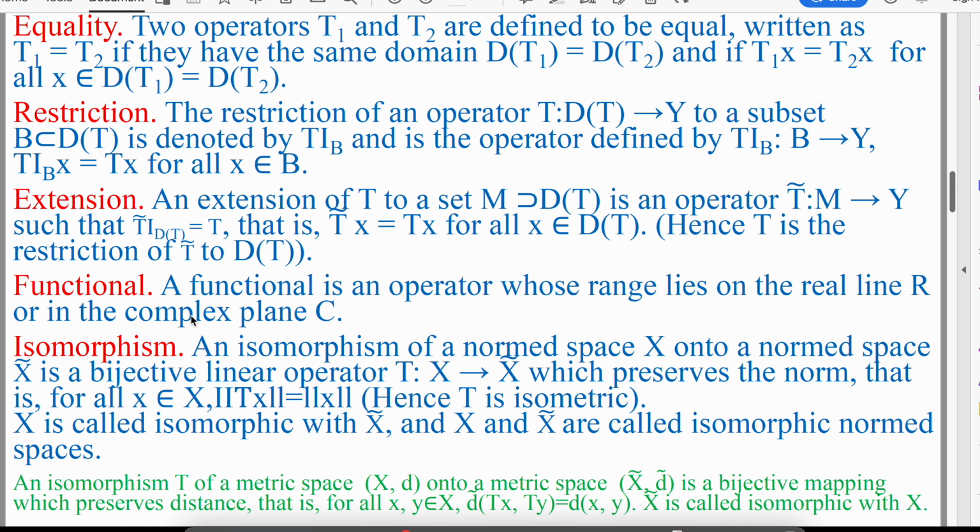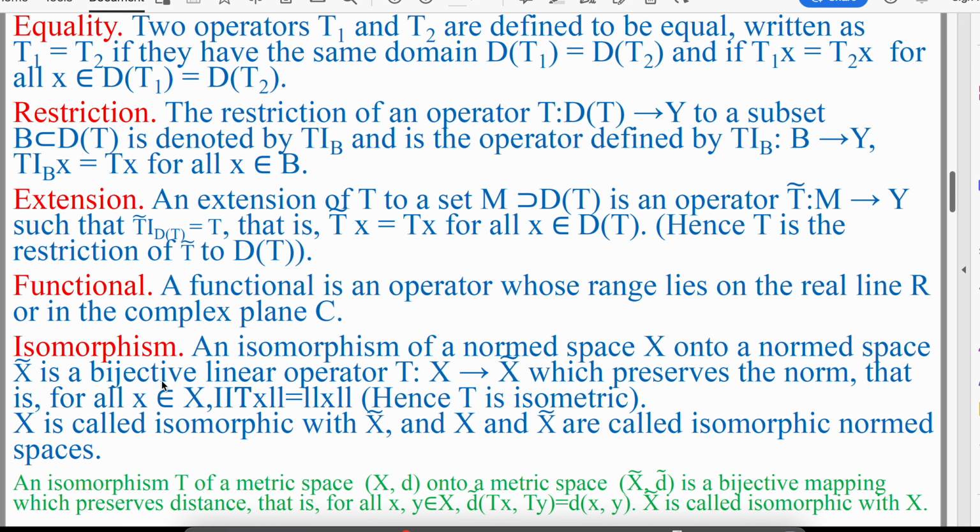A functional is an operator whose range lies on the real line R or in the complex plane C. And what is an isomorphism? An isomorphism of a normed space X onto a normed space X bar is a bijective linear operator T. Bijective means one-one as well as onto, which preserves the norm.